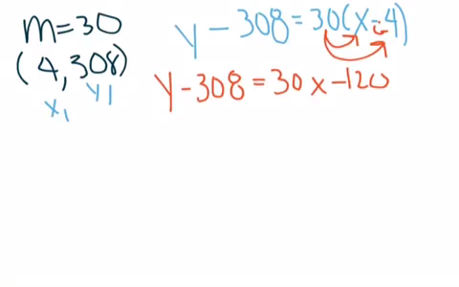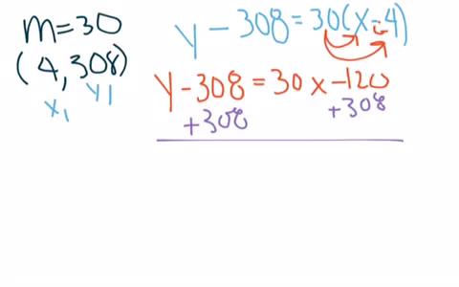So let's combine like terms. We're going to add 308 on both sides. So we're going to have y equals 30x plus 188.